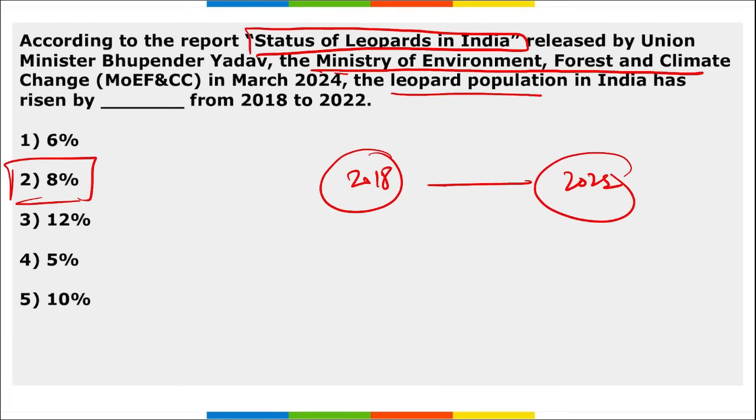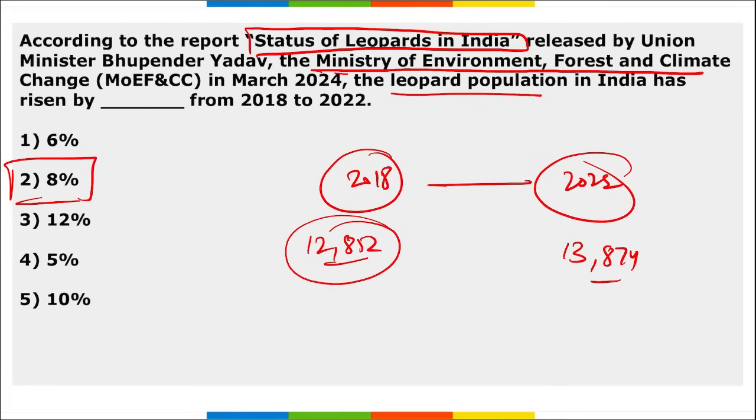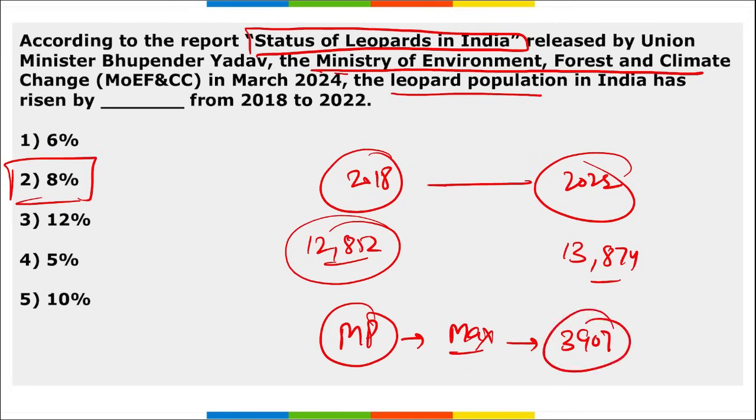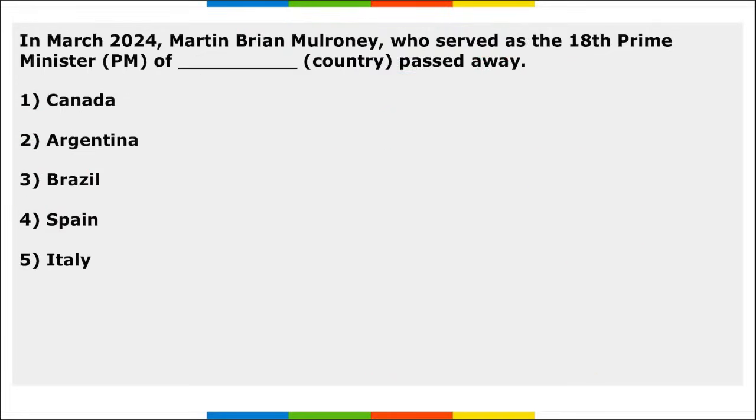In 2018, it was almost 12,852 and it increased to 13,874 in 2022. And remember, Madhya Pradesh is the state with the maximum number of leopards, that is 3,907 leopards.